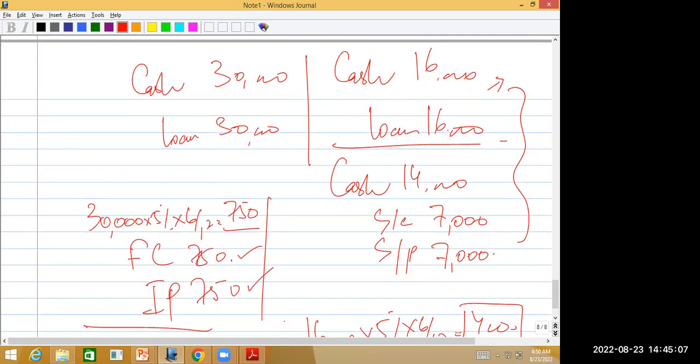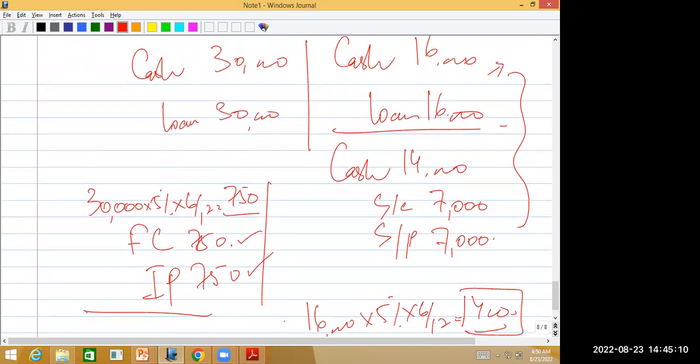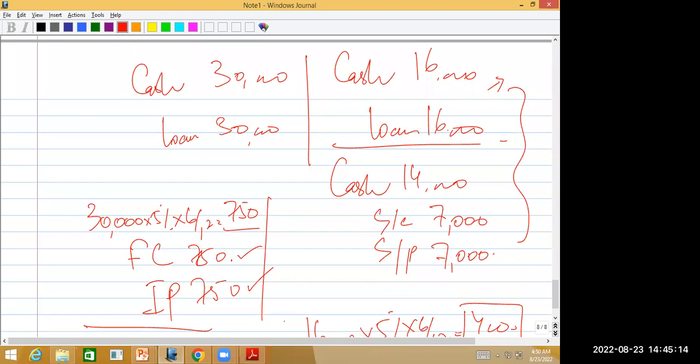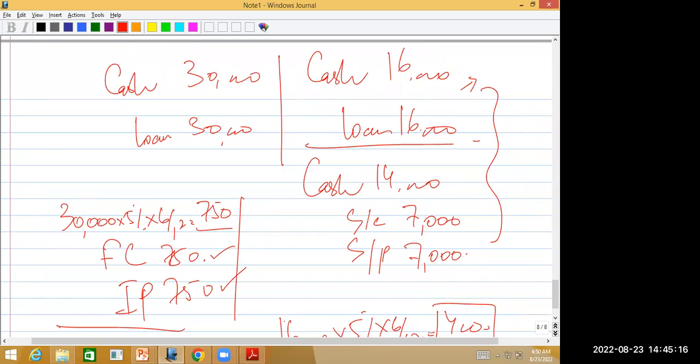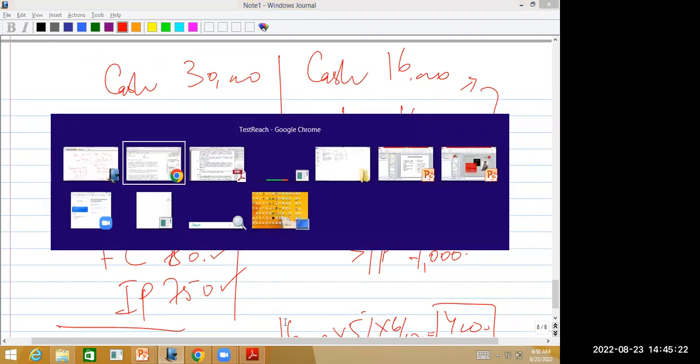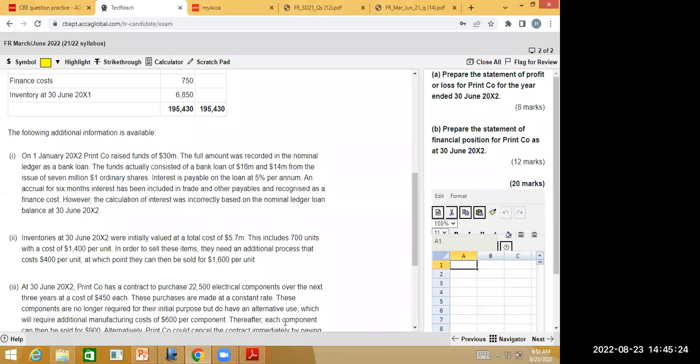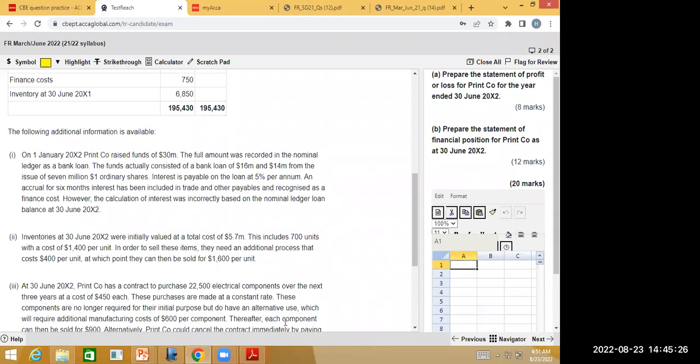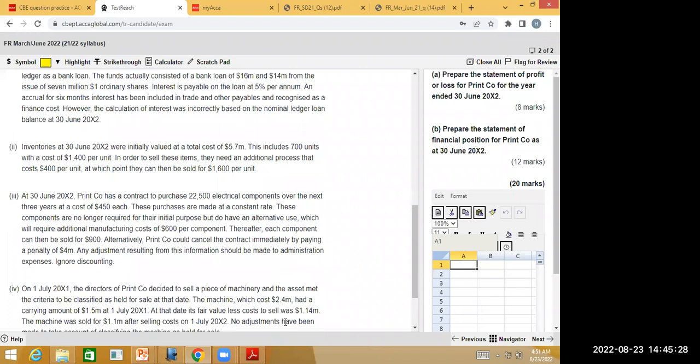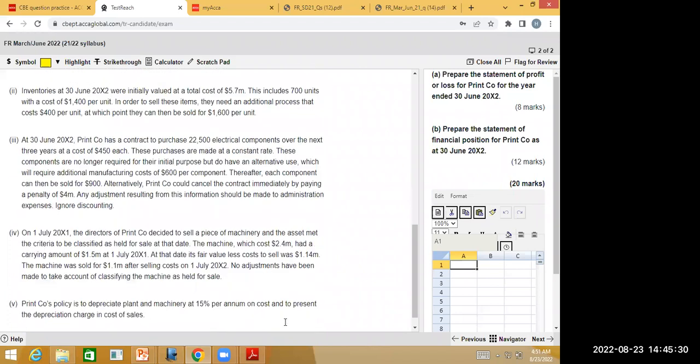So these are the two adjustments which are required for this note. Is it clear? Yes. Okay, the second adjustment has already been done. What about note number 3?